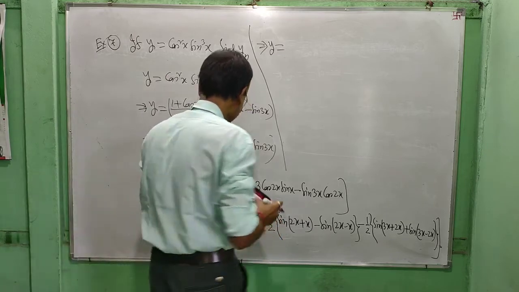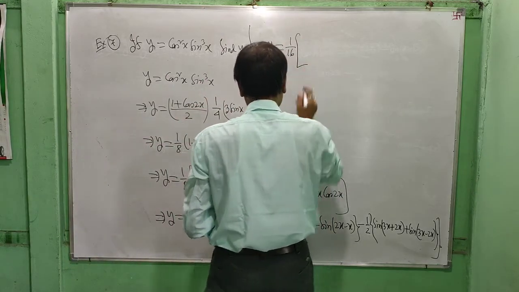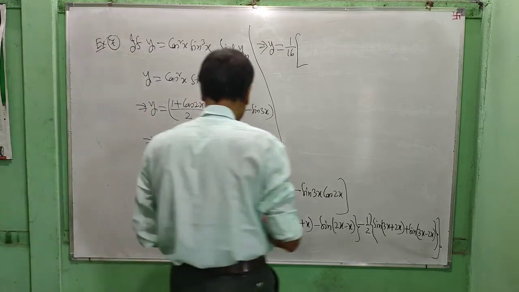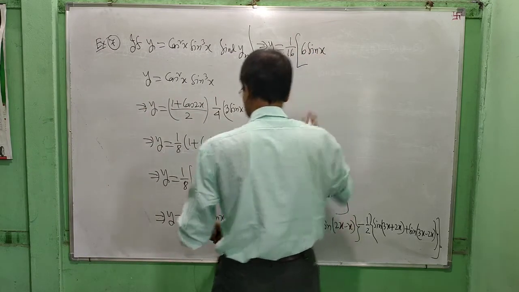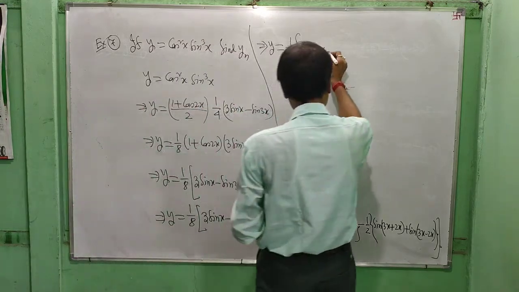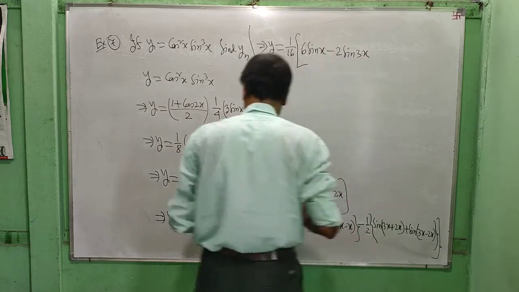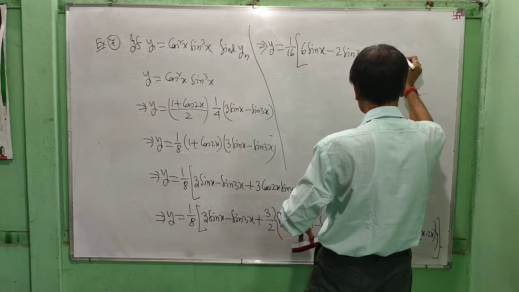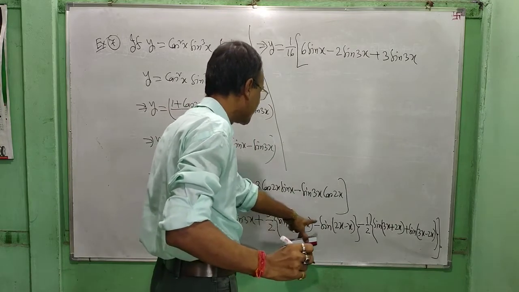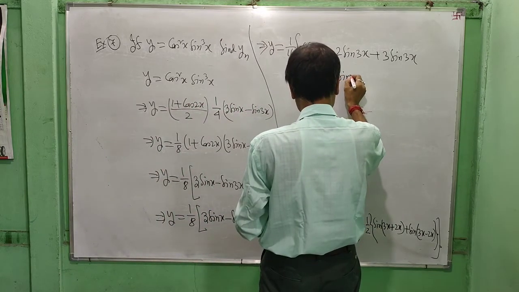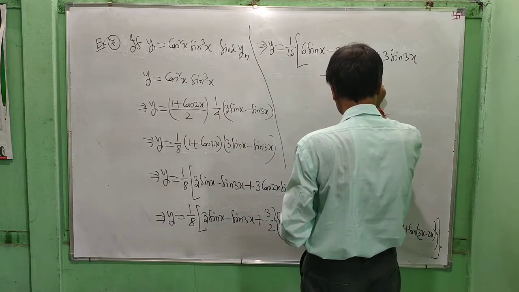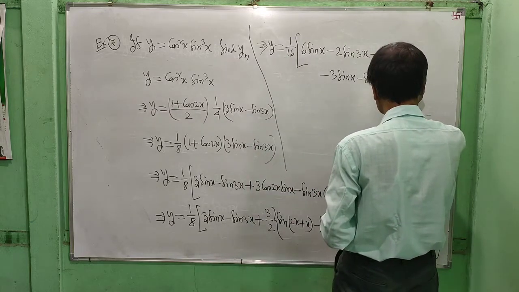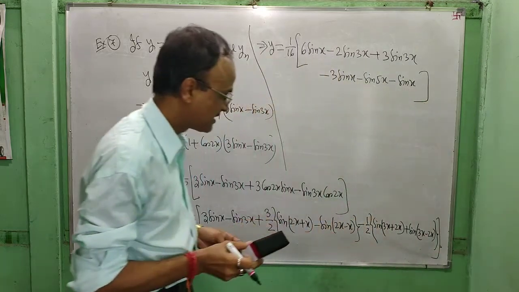This implies y is equal to 1 by 8, 1 by 16, you write it as 1 by 16. Y is equal to 1 by 16 (6 sin x minus 2 sin 3x plus 3 sin 3x minus 3 sin x minus sin 5x minus sin x).